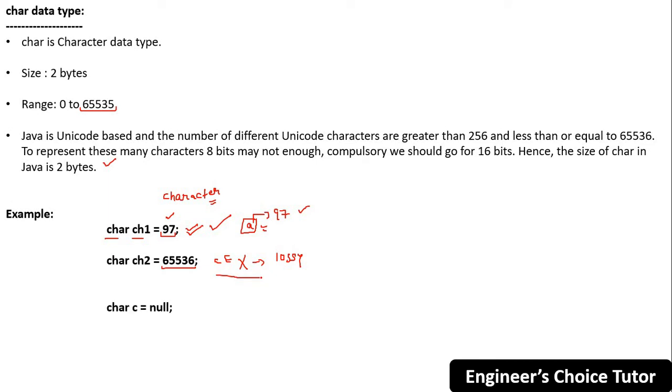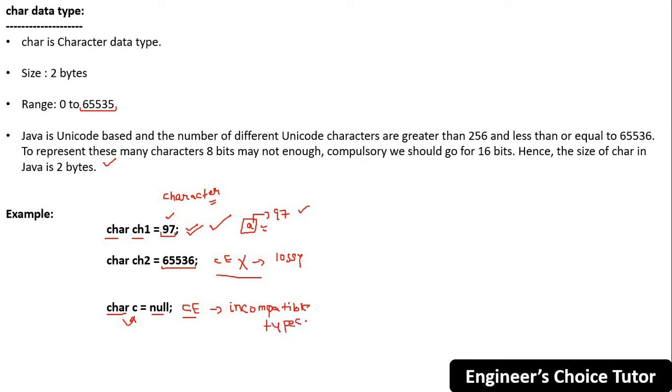Now the next. I'm assigning this null to this char type variable c. What we learned in the last lecture is that null is the default value of object reference, and we can't apply it for primitives. So here also you will get a compile time error like incompatible types.